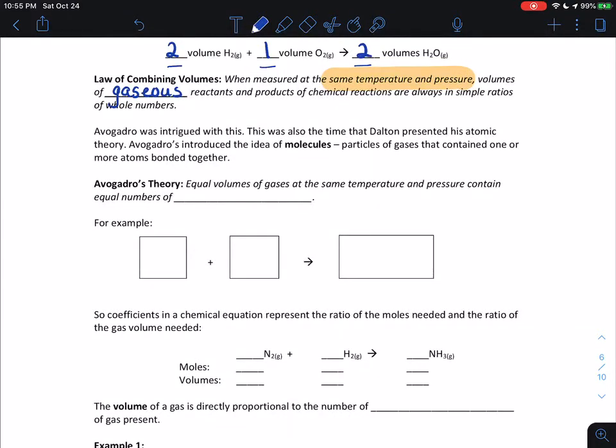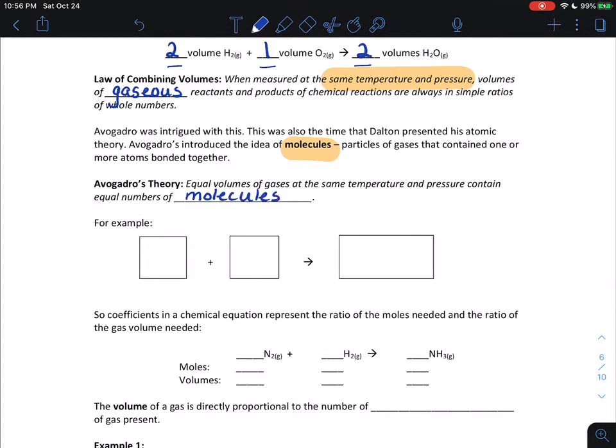Now, why is that? It came from the idea from Avogadro. He was intrigued with this, and this was also the time that Dalton presented his atomic theory. So remember the billiard ball model of the atom. Avogadro introduced the idea of molecules, so particles of gases that contain 1 or more atoms bonded together. His theory is this: equal volumes of gases at the same temperature and pressure contain equal numbers of molecules.